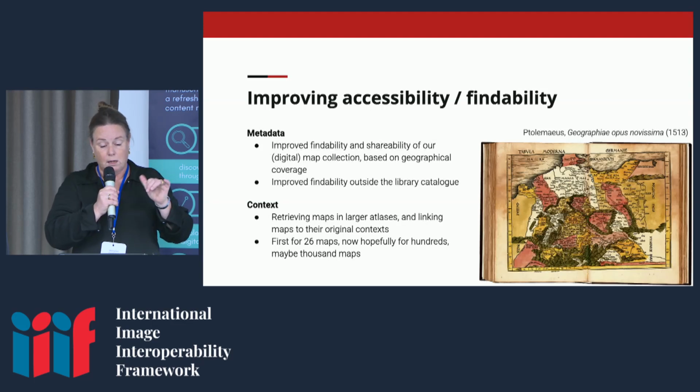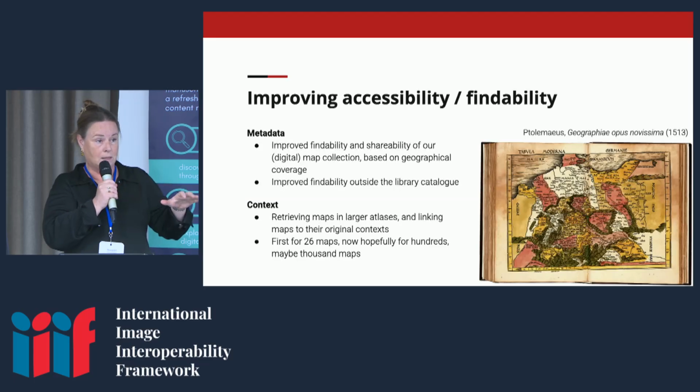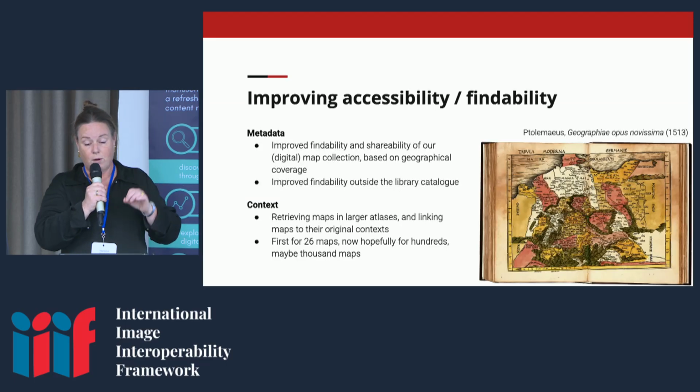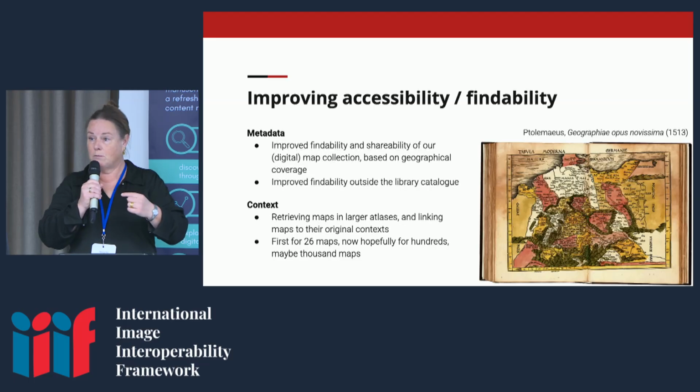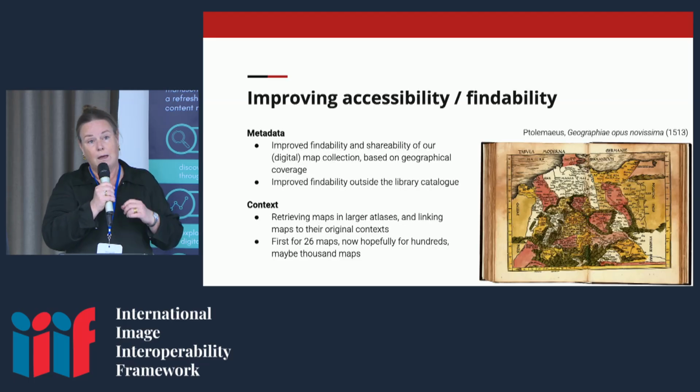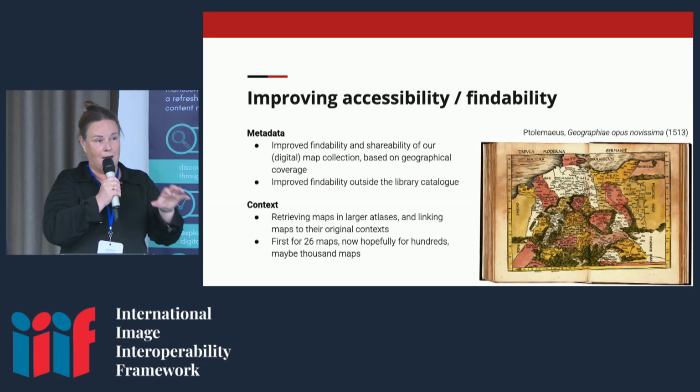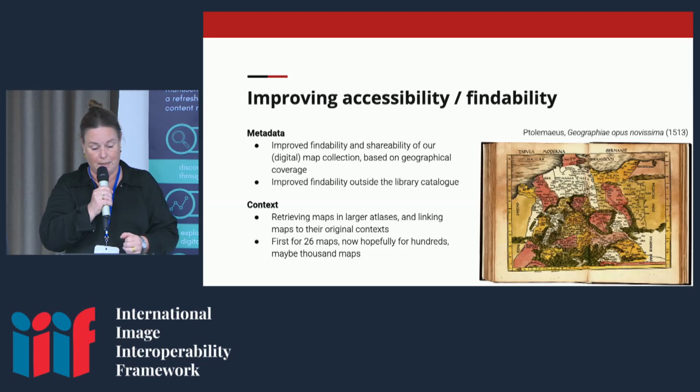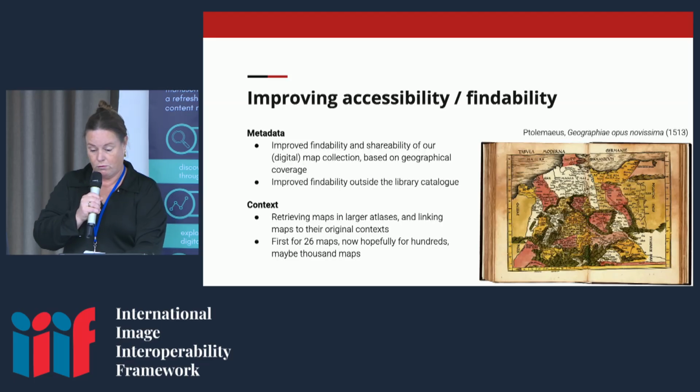And also the context. A lot of our maps and atlases were originally in an atlas and are now separate maps, and we hope that these maps can be linked back to the original context. Now you can just find the atlases and not the individual maps in the atlases. And we hope to address these problems with this project.